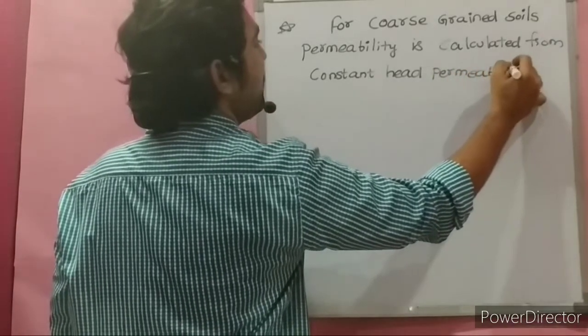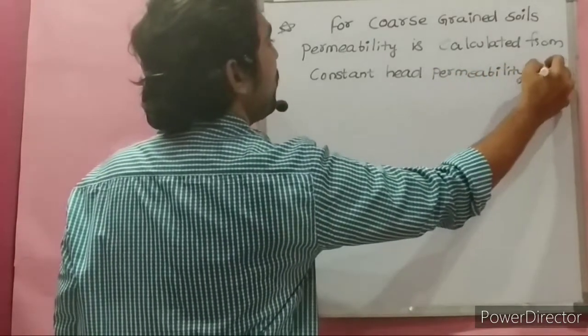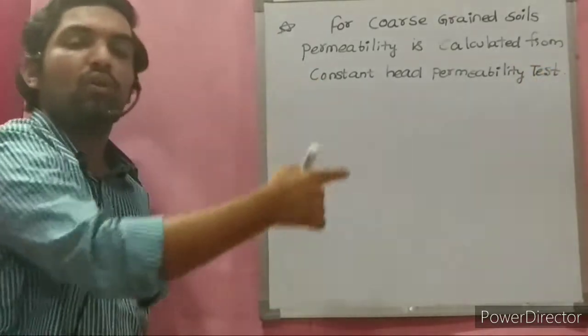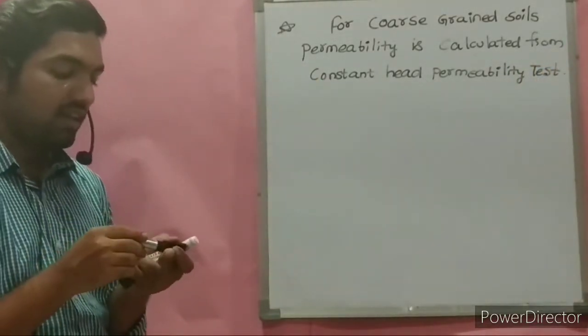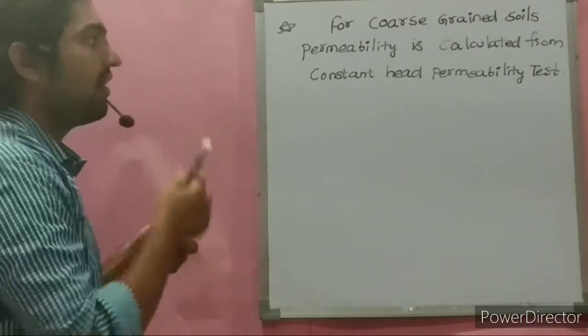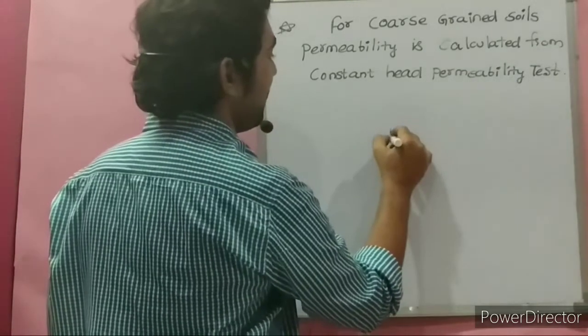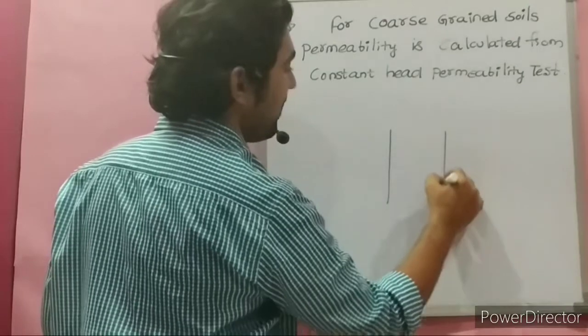For coarse grained soils, how do you calculate the permeability quotient? We calculate it from the constant head permeability test. What is that test? See here. This is the soil sample.